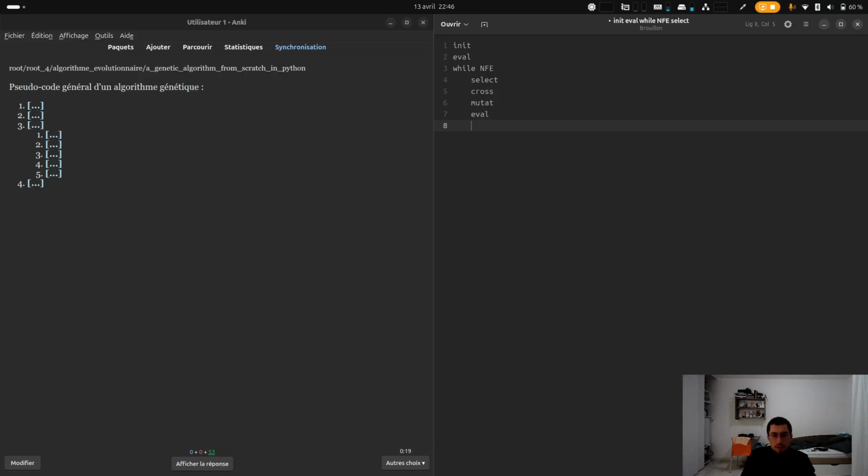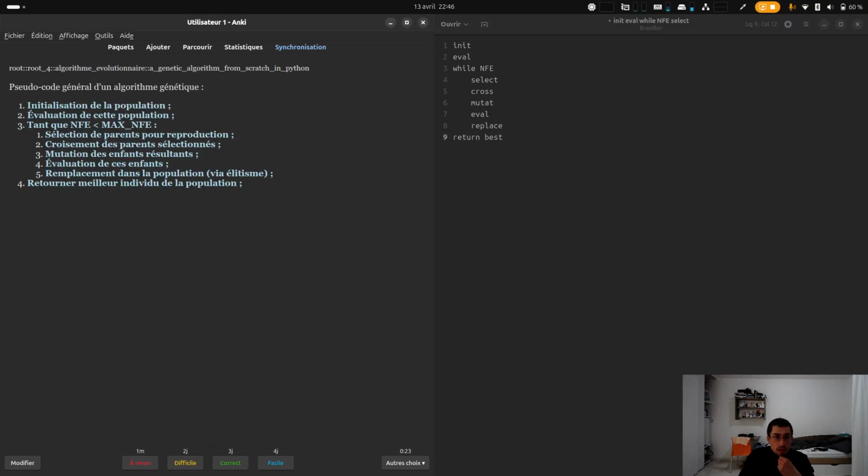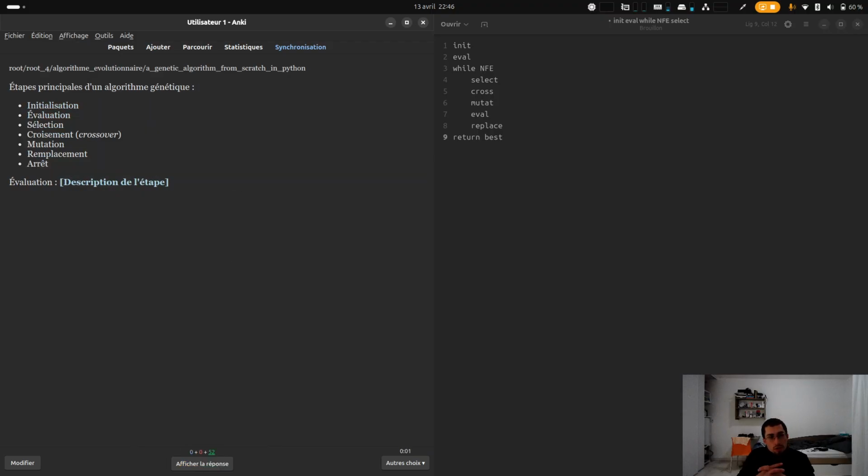And then you replace, and then you return the best. Init, eval, while select, cross, mutate, eval, replace. Yes. Evaluation, you just compute the fitness of all individuals.